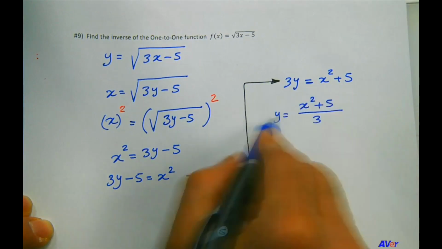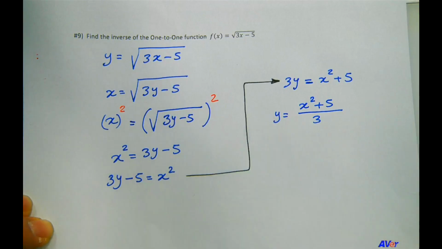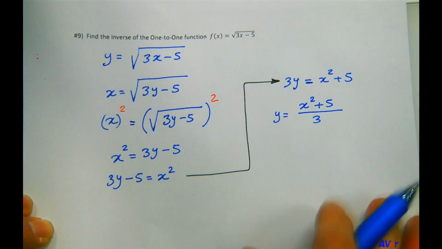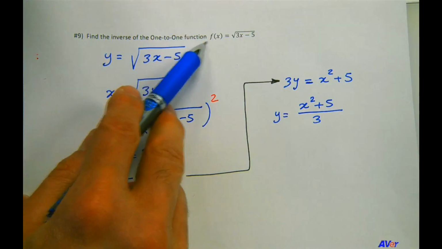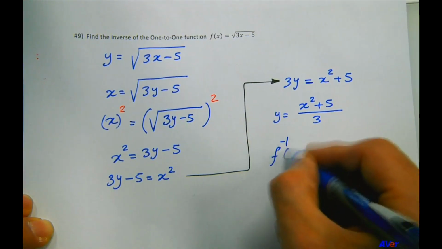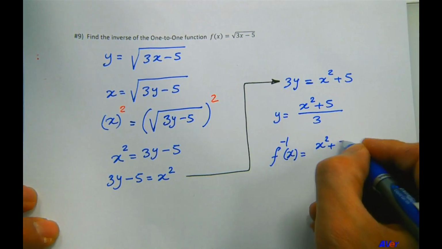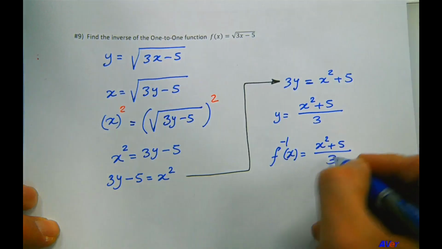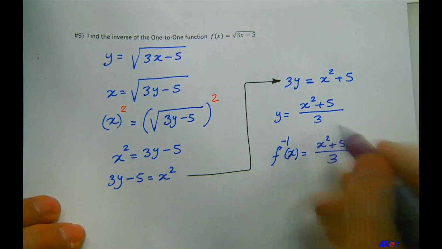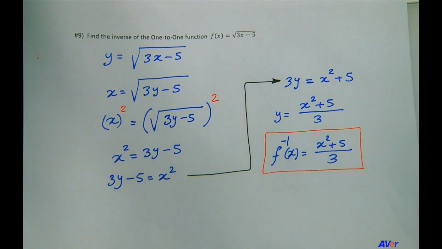And then now that we have solved for y, let's replace that with the proper inverse function notation. We started out with f of x, so this will be the inverse f of x function is equal to x squared plus 5 divided by 3. Like that. Okay? All right.